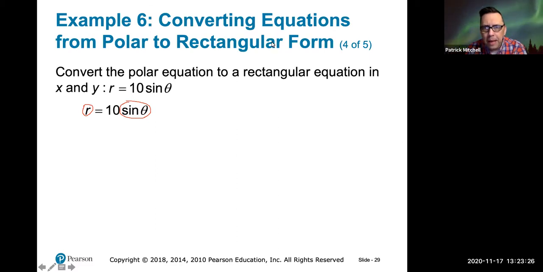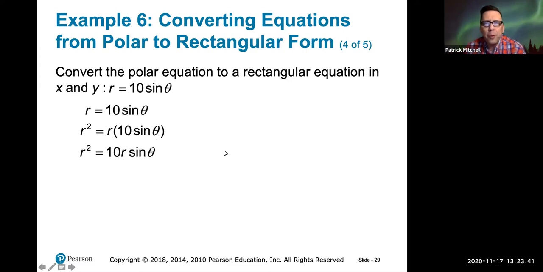Well, I think I can make my wish come true if I just multiply both sides of this equation by r, right? That will give us r squared equals r times 10 sine theta, which is r squared equals 10r sine theta. So now I'm going to turn that r squared into x squared plus y squared. And I'm going to turn the r sine theta into y.